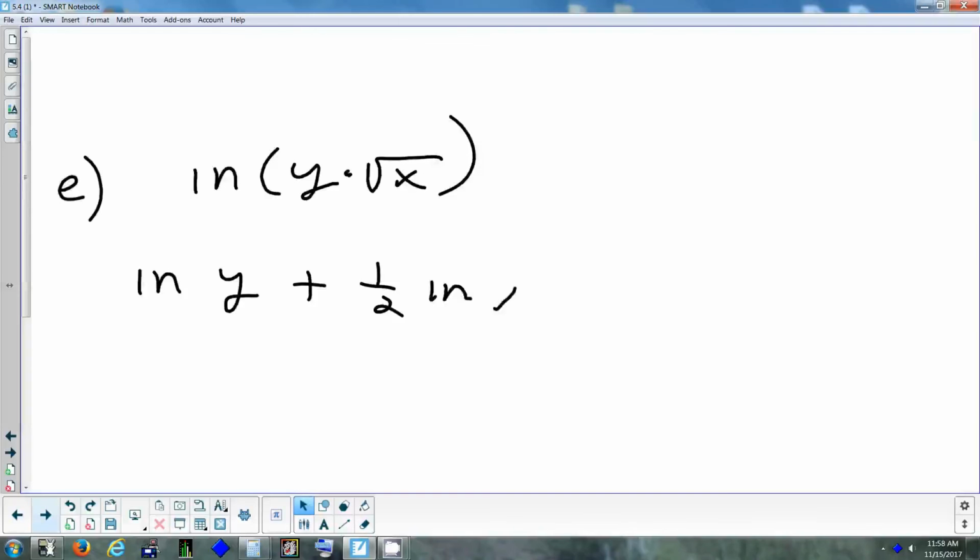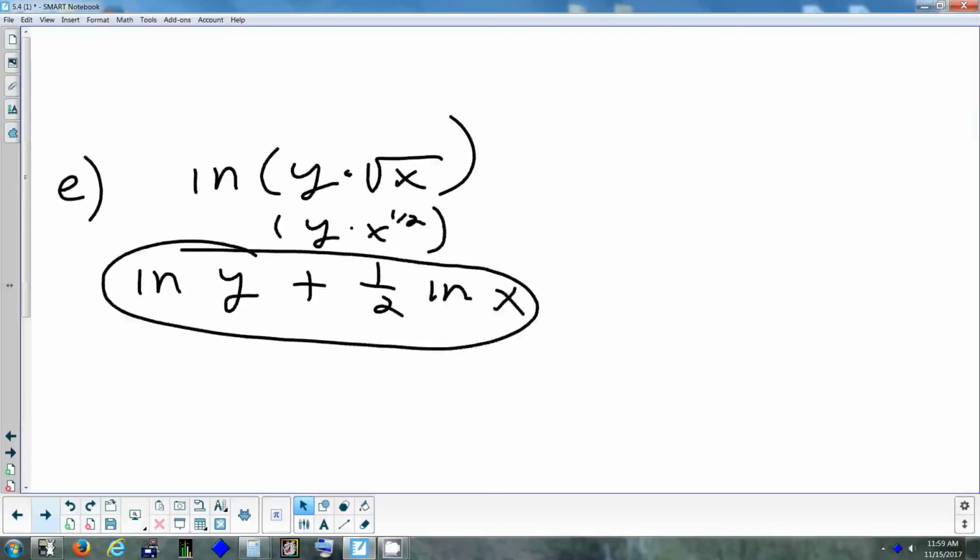Perfect. Can you explain where that 1/2 came from? The square root. Right. Remember that that's really this. So if you write it with the exponent of 1/2, you then have to move it in front. If you write a final answer with a square root, that's not good.